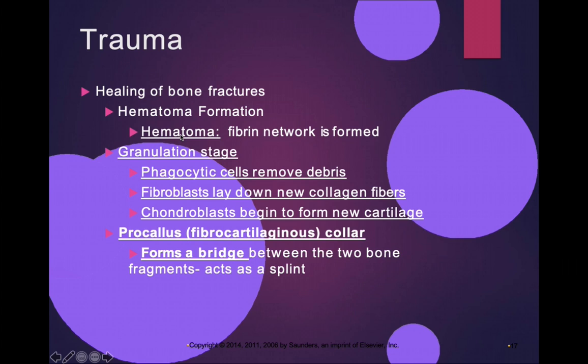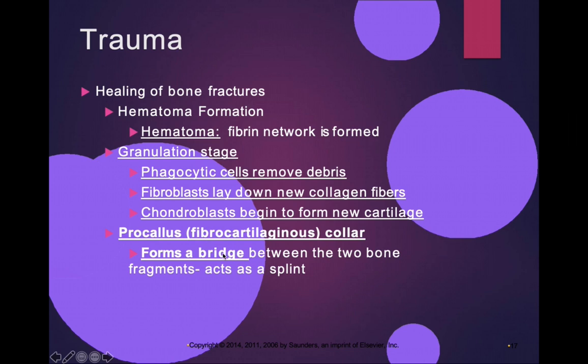So the hematoma forms, then you go into the granulation stage, it's going to remove some debris, and now the fibroblasts lay down some collagen, and chondroblasts are going to lay down cartilage, and now we start to form this collar, this procallus collar. And the purpose of this collar, it's really this fibrocartilaginous connection.